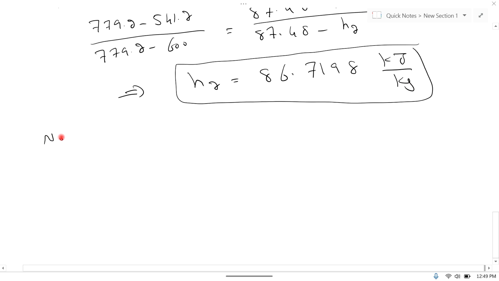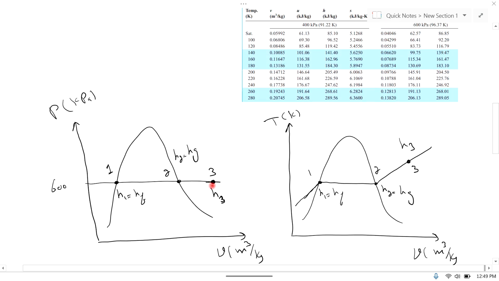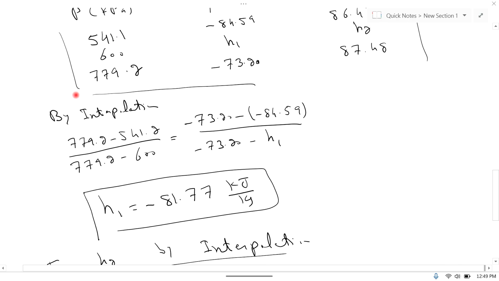Now for H3, use superheated steam table. This is after superheater. H3 found is after superheater. So we will use the superheated table of nitrogen.